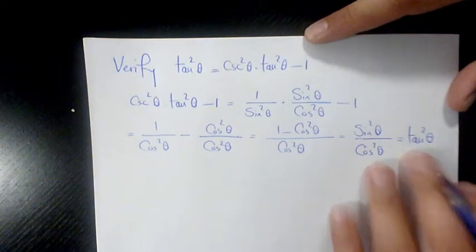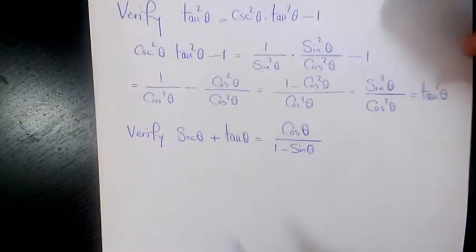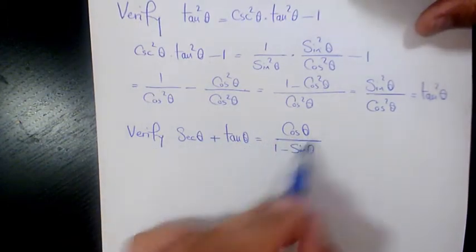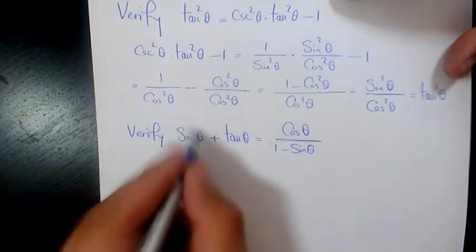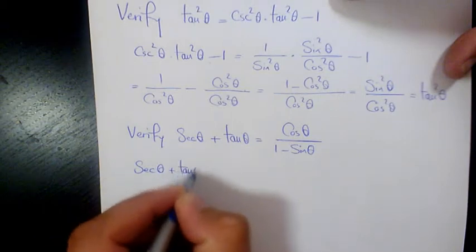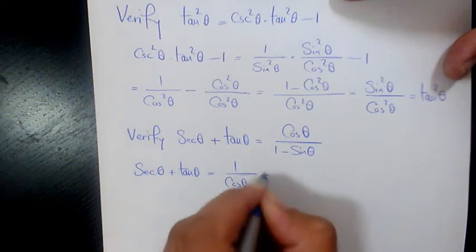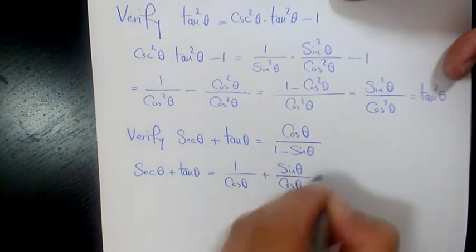And that's verified. Next example is verify secant theta plus tan theta equals cosine theta over 1 minus sine theta. So what I'm going to do, I'm going to have secant theta plus tan theta equals 1 over cosine theta plus sine theta over cosine theta.